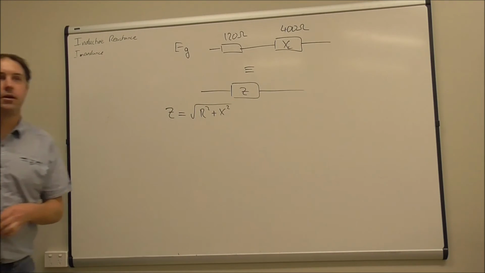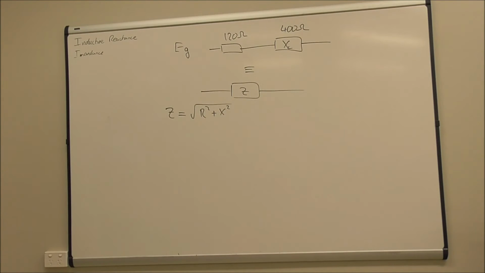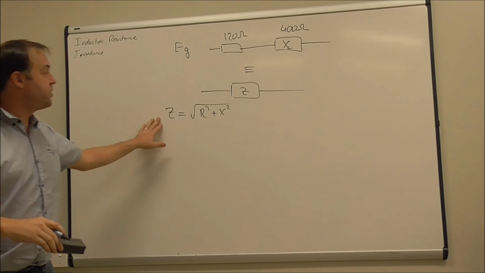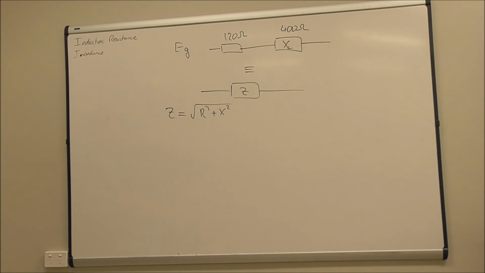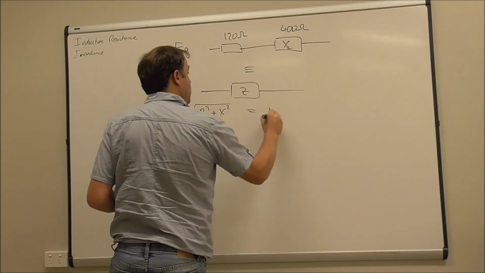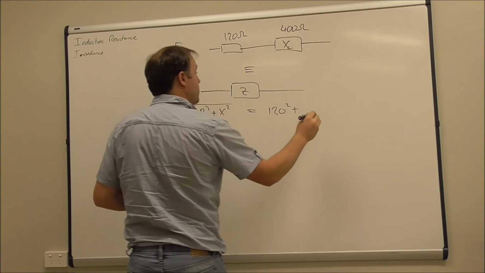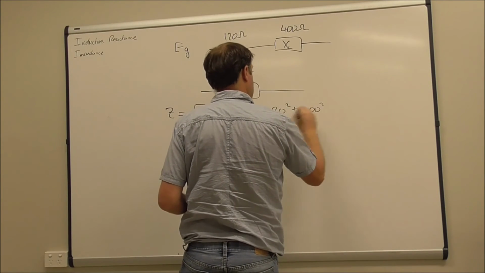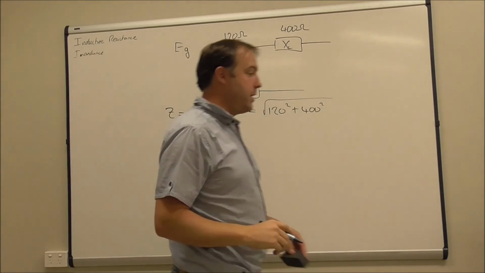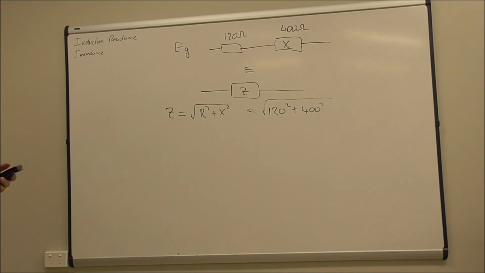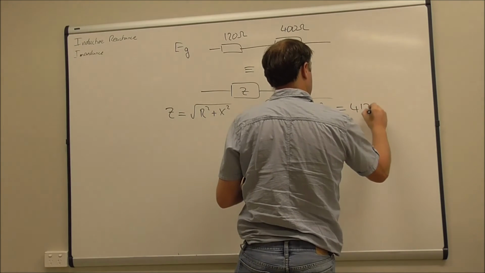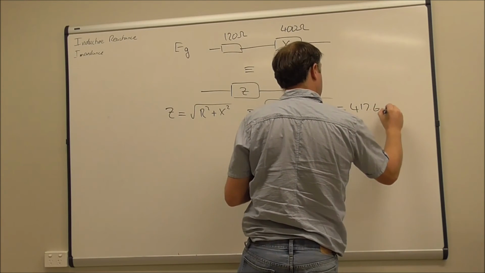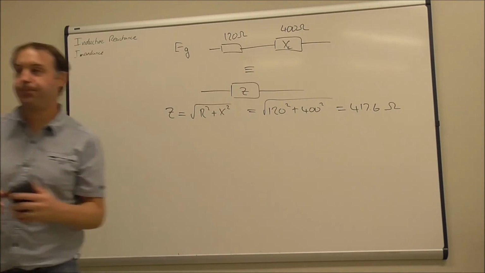The combined impedance, the magnitude of the impedance, is the sum of the squares of the resistance and the reactance. I'll take the square root of that. And in this case I get 417.6 ohms.